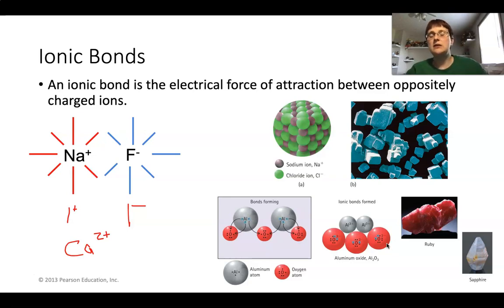We'll see a little bit later, we're going to talk about polar bonds. They are bonds that create a slight charge in a molecule. And so, for example, you know that salt can be dissolved by water, and that is because water has a slight charge to it, and so it's attracted to these ions.